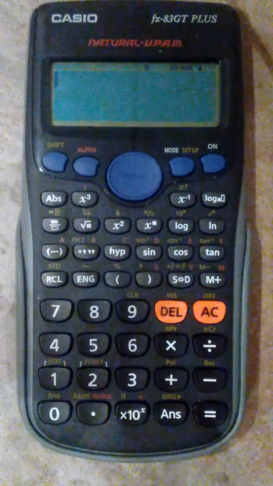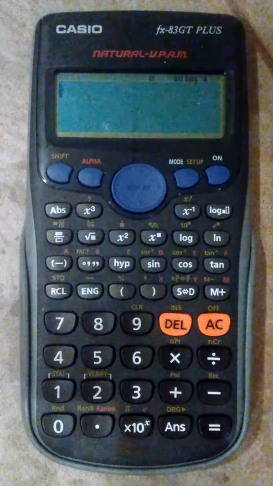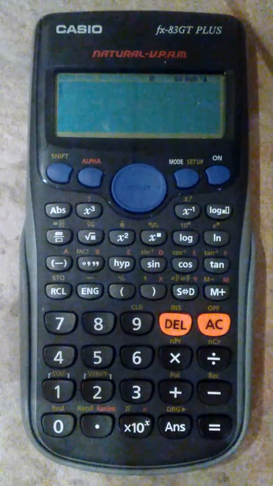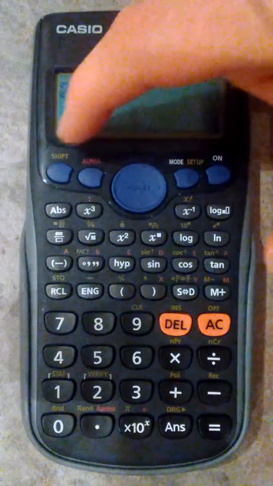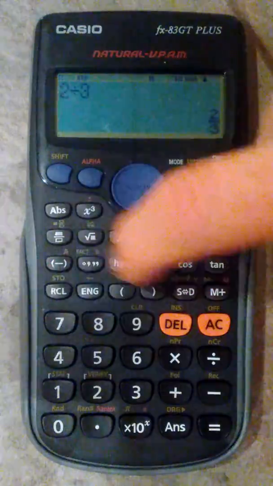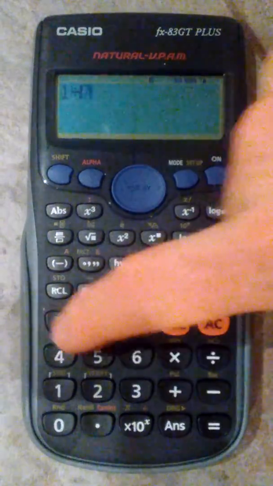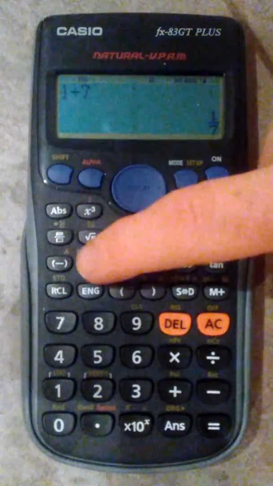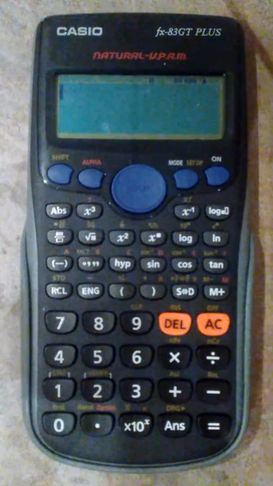Okay, say I wanted to multiply two numbers together, two numbers with lots of decimal places. So let's try 2/3 and a 7th. So 2 divided by 3, I'm going to store that in memory A. And then 1 divided by 7 is that, and I'm going to store that in memory B. Right, so I can't do recall for more than one.